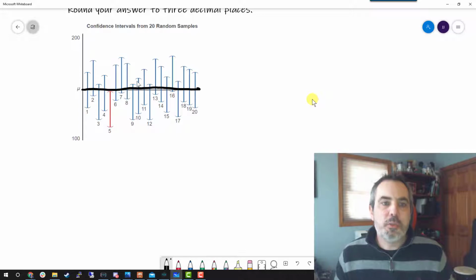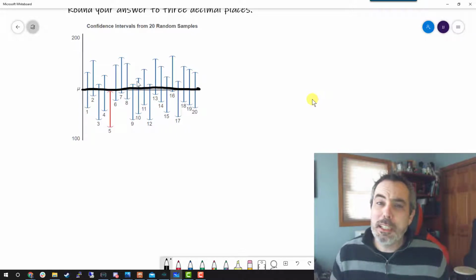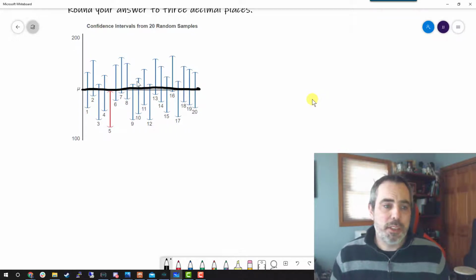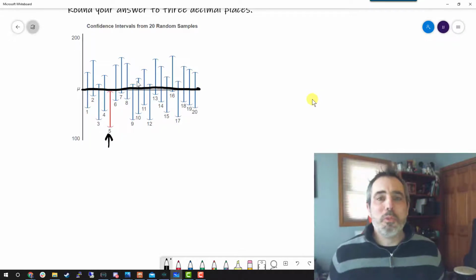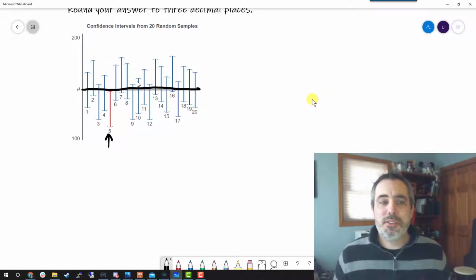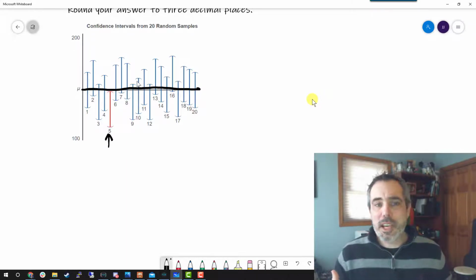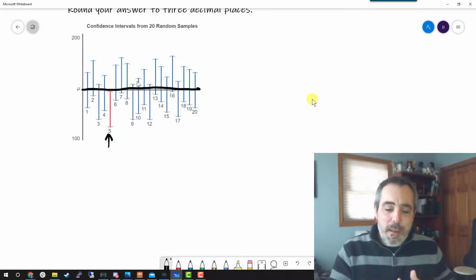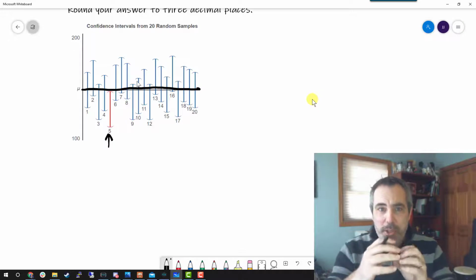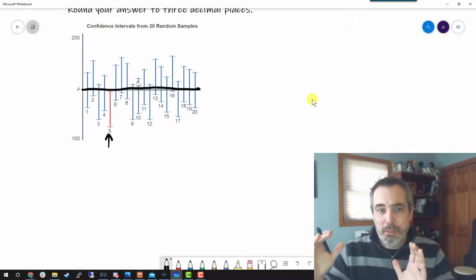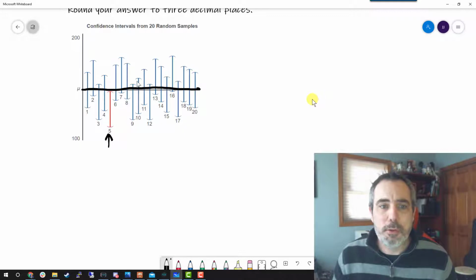Not every single one of these samples actually included the population average. In fact, this one right here did not include that. Out of 20, he's got 19 out of 20, which ends up being roughly 95%. This looks like a 95% confidence interval that he is kind of constructing, where he can say that 95% of the time when I do this, the average is going to fall between these two numbers, right? That's what we're looking for here.